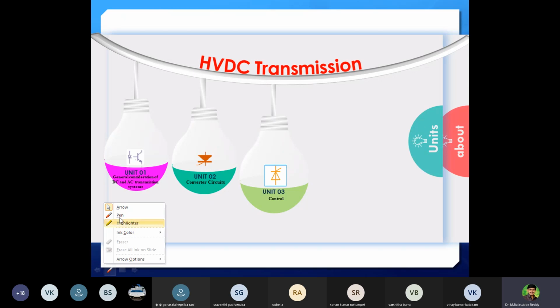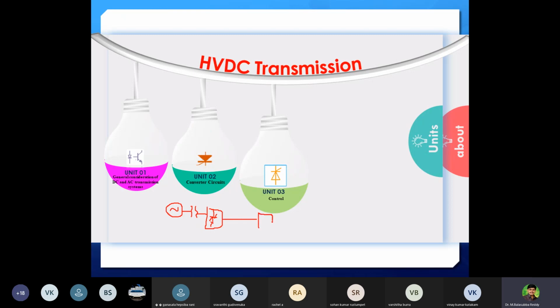As you are aware, in HVDC transmission, generally AC is available, and this AC we connect to a transformer to step up the voltage. Then we connect a controller, meaning one station, that we call the rectification station, and then we get the transmission.